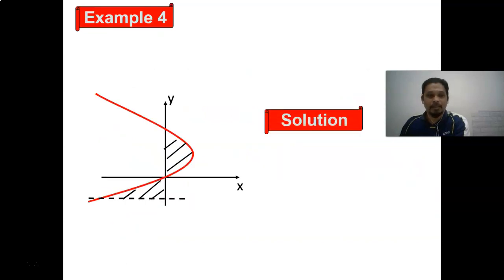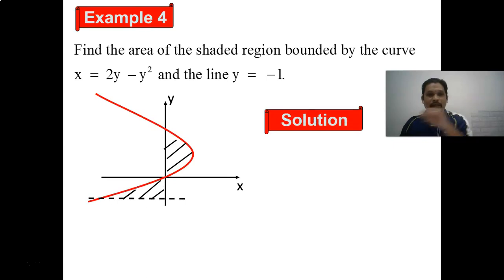Okay. Find the area of the shaded region bounded by the curve x equal to 2y minus y square and the line of y equal to negative 1. This is y equal to negative 1. What about this one here now?